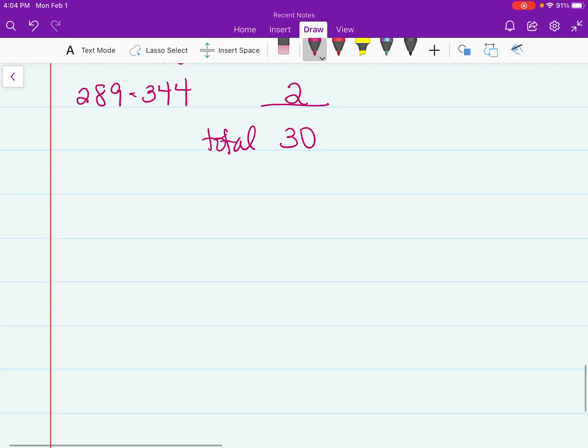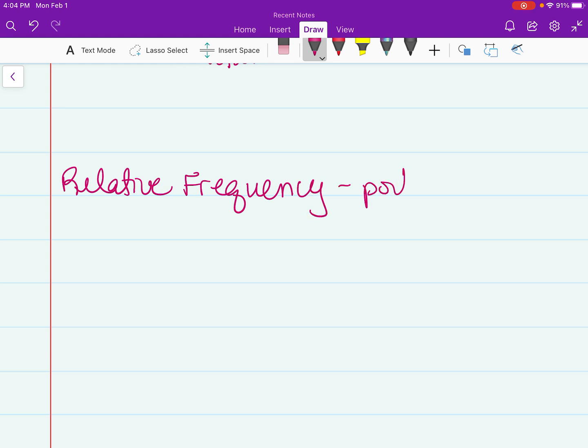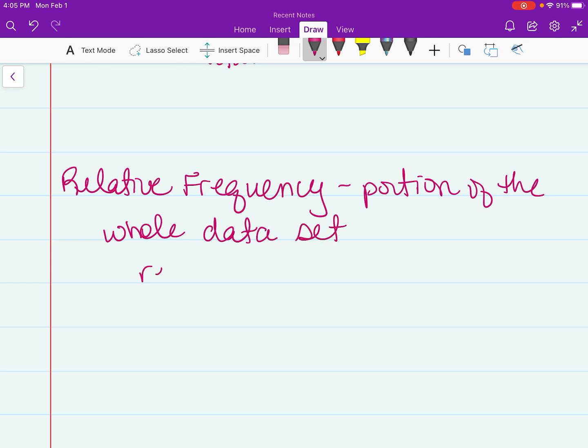Now, to give you a little bit more information, and I'll come back to this, relative frequency is the portion of the whole data set, and it is calculated by taking the frequency and dividing it by the number of data.